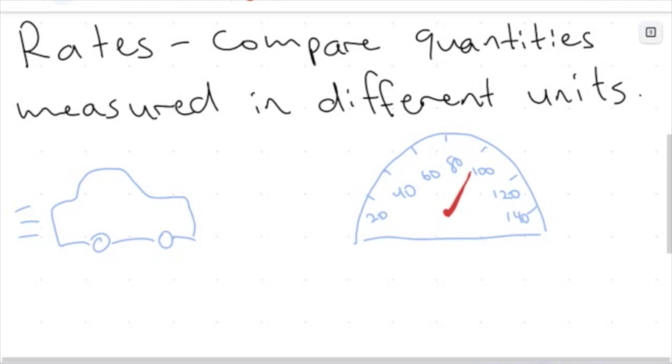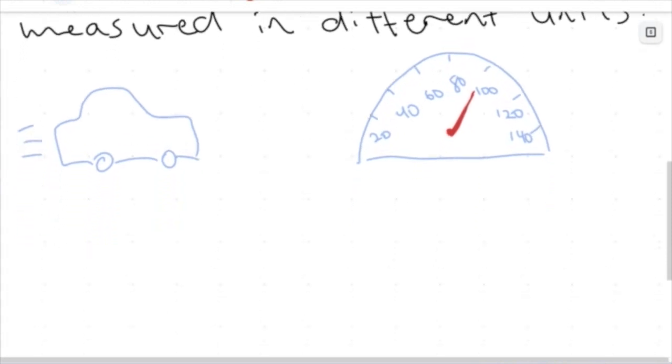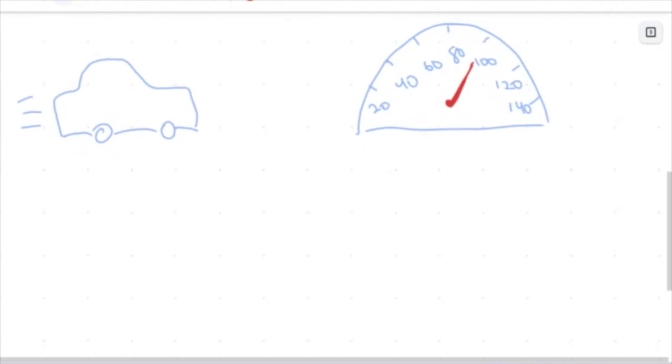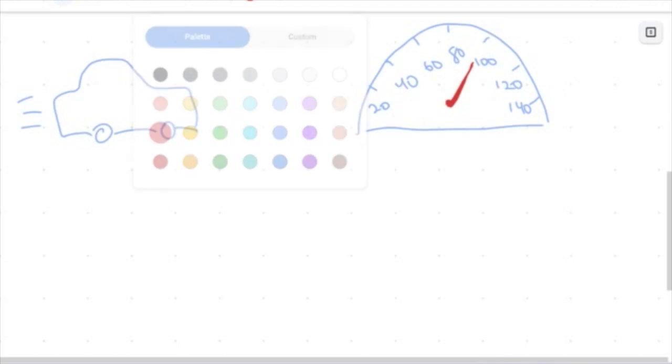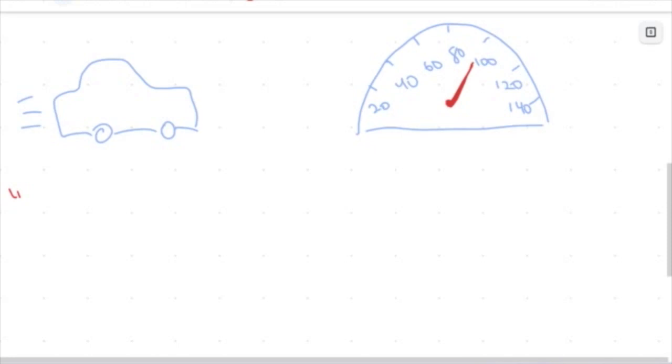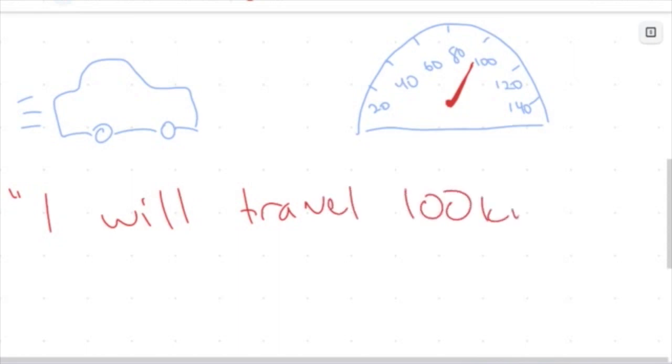Now, this thing is a type of rate. So if my little speedometer dial is here on the right, this tells me, in other words, I am traveling, or I will travel 100 kilometers for each hour.